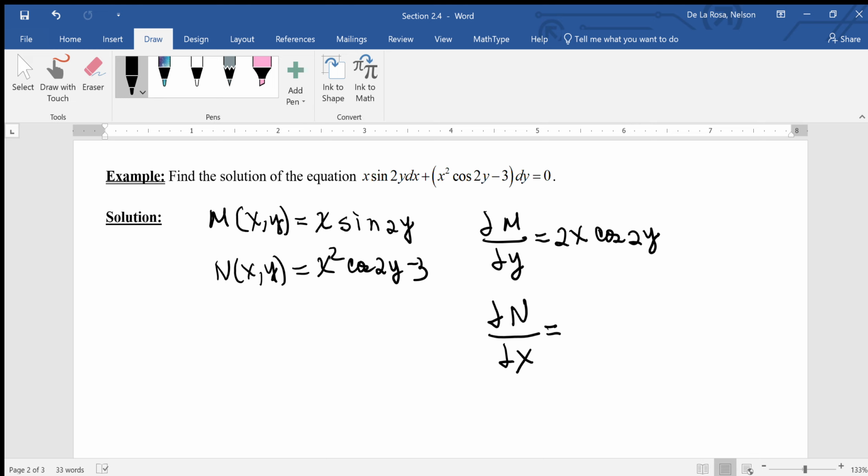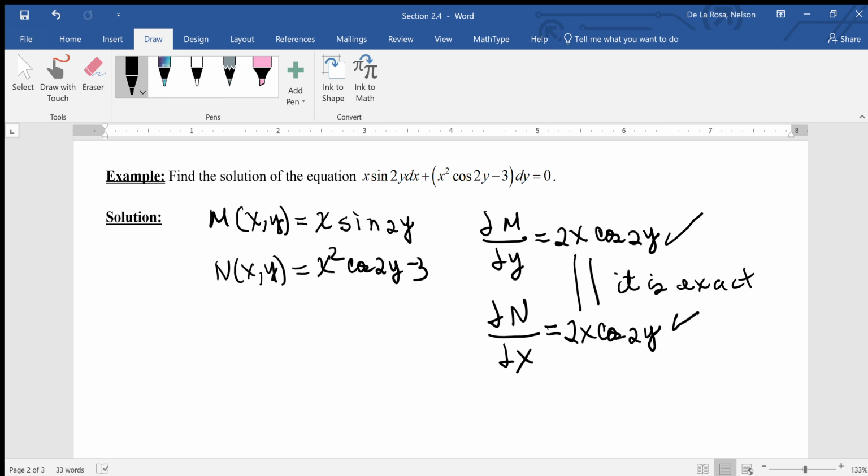So that would be what? 2x cosine of 2y. Correct? Okay. So this derivative is the same as this, so the equation is exact. These two expressions are the same.